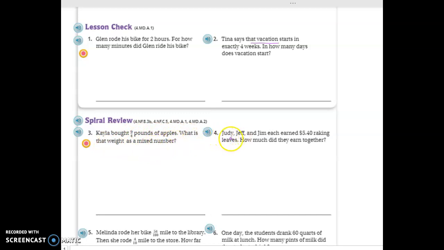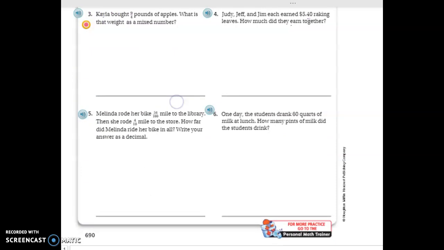Number 4, Judy, Jeff, and Jim each earned $5.40 raking leaves. How much did they earn together? Number 5, Melinda rode her bike 54/100 mile to the library. Then she rode 4/10 miles to the store.